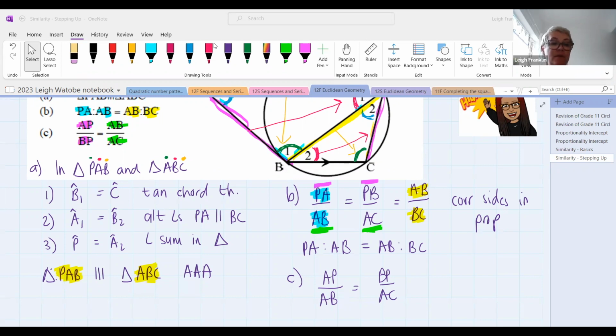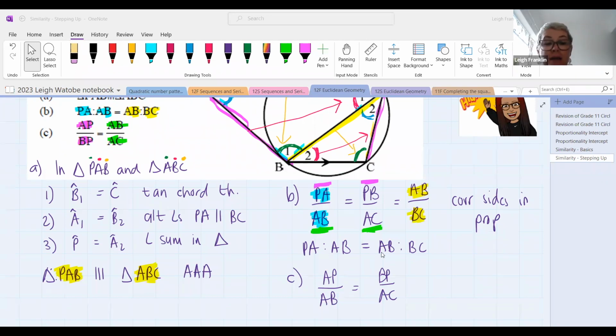BP and AB. There we go. We can see that they have switched places with each other. So we have cross multiplied. We're allowed to change places.